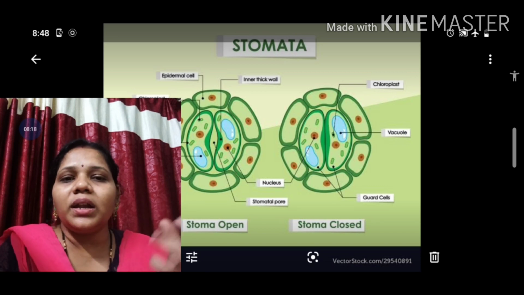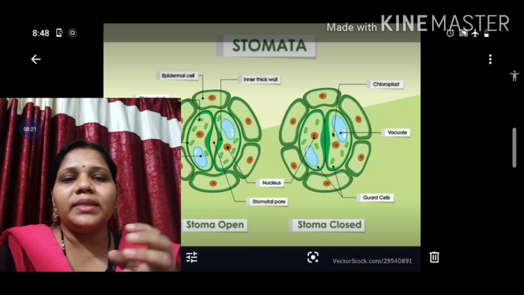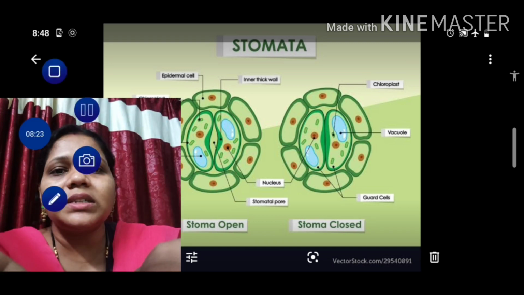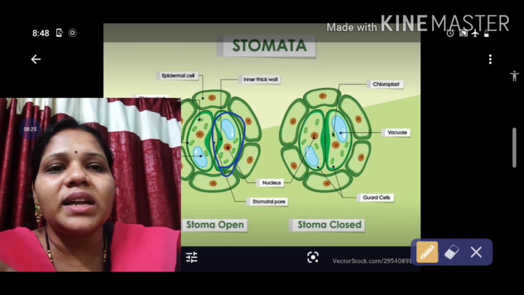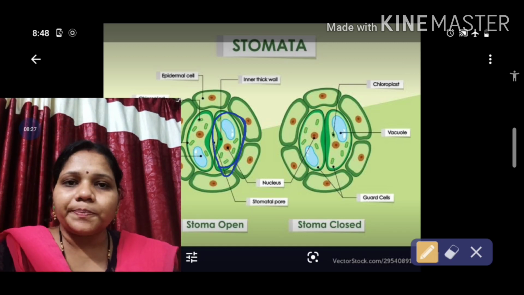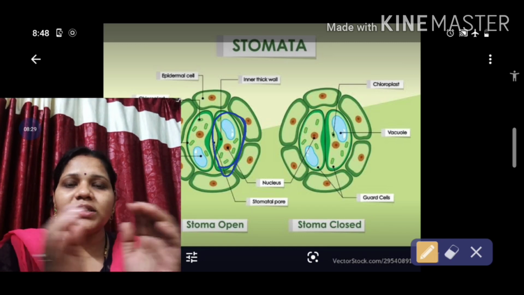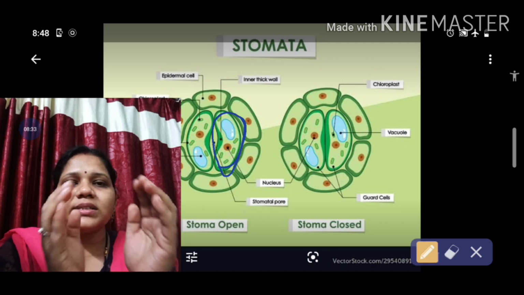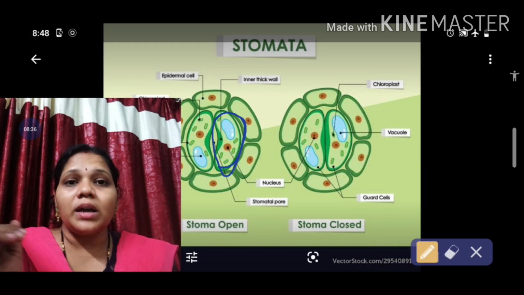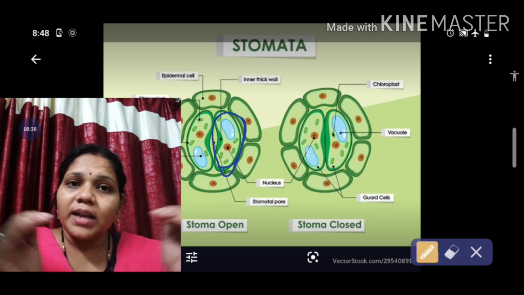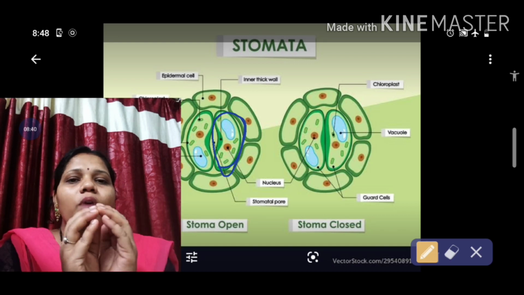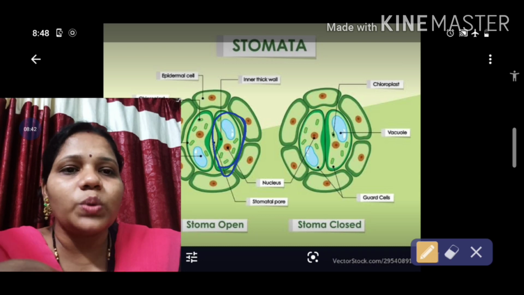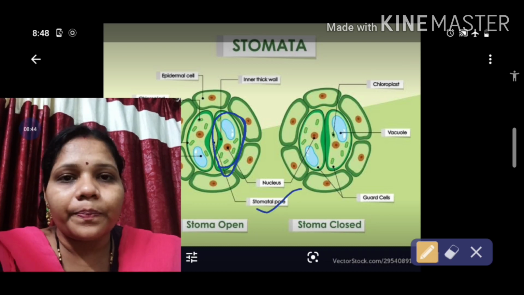And when a cell absorbs more water, it bulges out. Here you can see the cells bulge out. When the cells bulge out, a pore-like structure is formed, known as the stomatal pore.